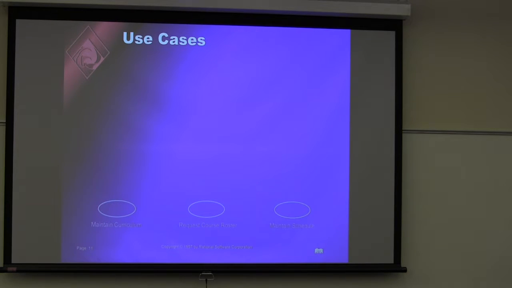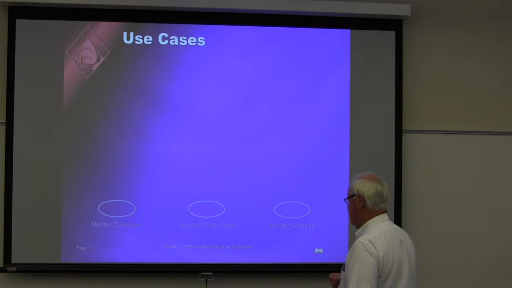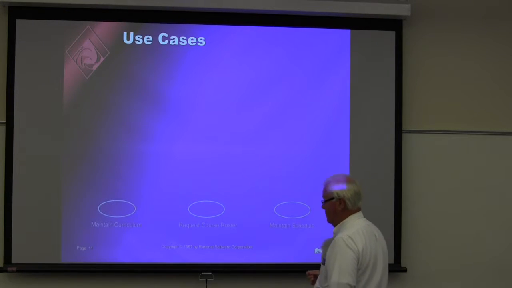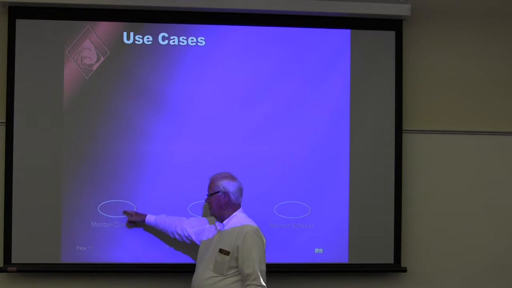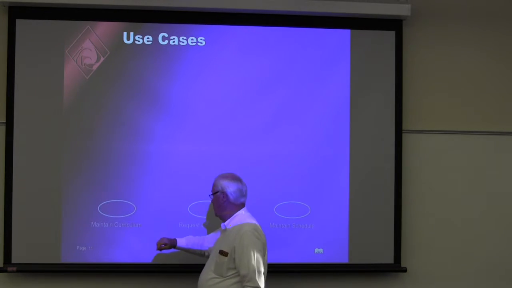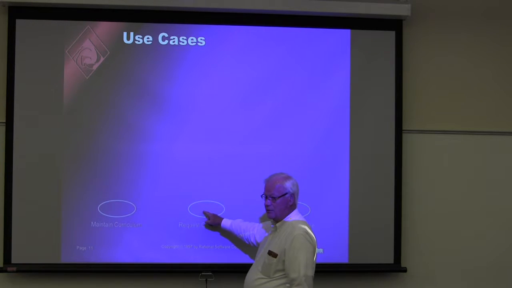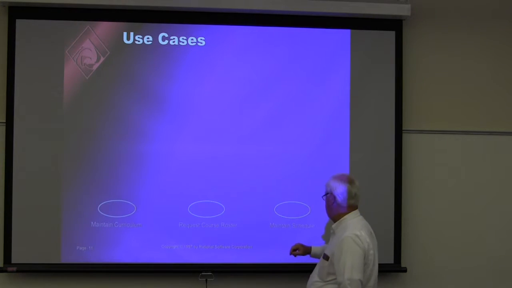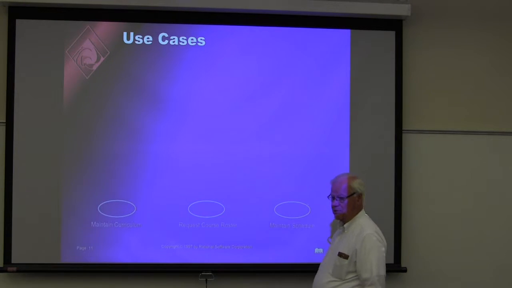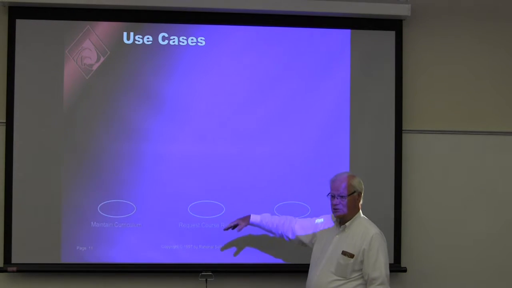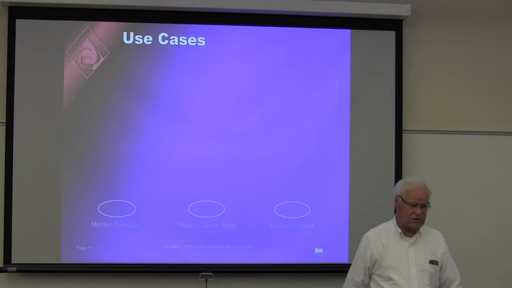So let's look at some use cases. And we're going to look at 3 of the needs from this system. One is you've got to maintain the curriculum, right? A professor might request the roster, and a student is going to maintain their schedule. But the system has to do that for them. But that's their desire.